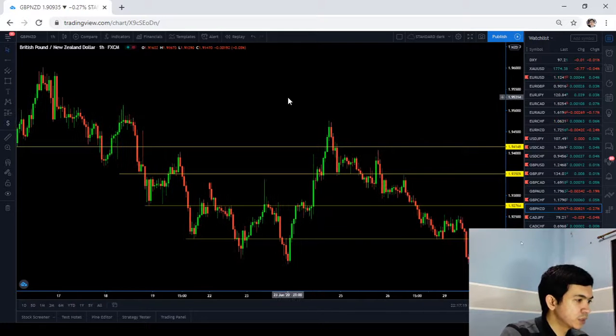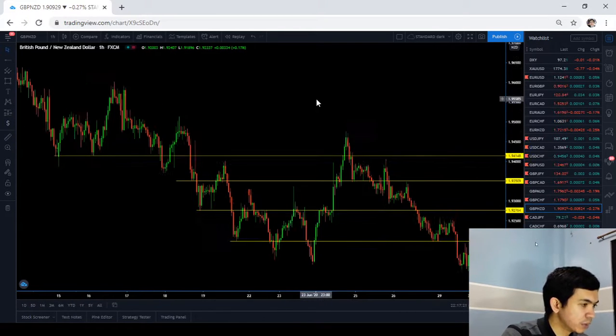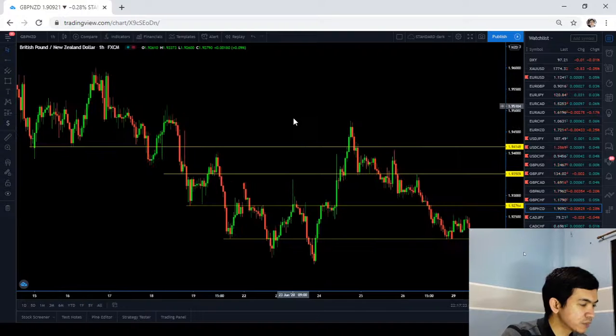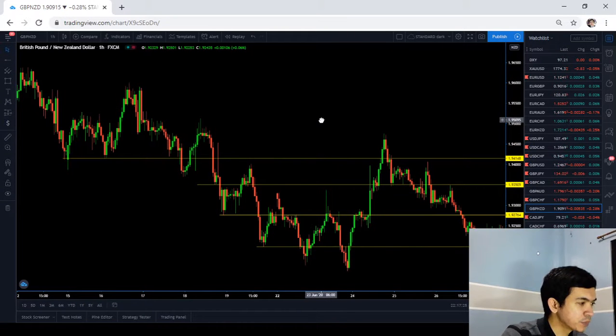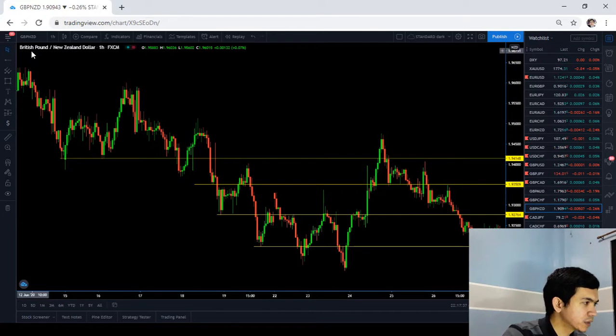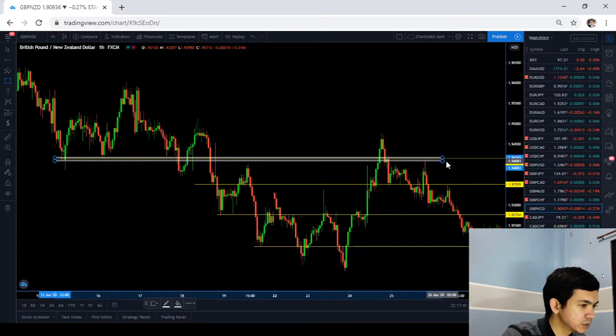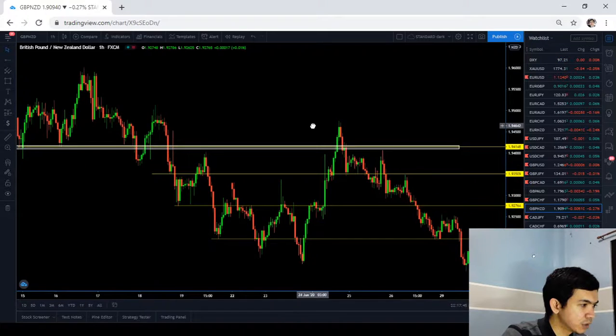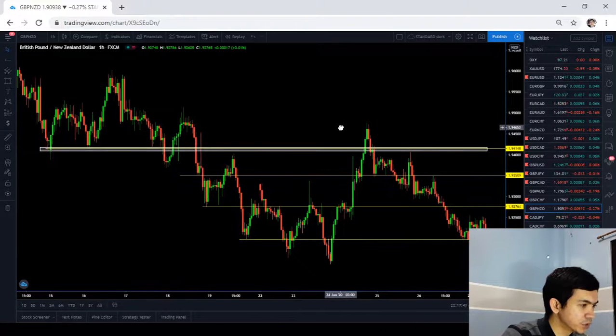Okay? So, remember, when we are marking key support or resistance levels, kailangan that specific zone, nag-react na yung price many times para alam natin na in future, magre-react sa kanya yung price either up or either going down. Okay? So, we will just mark our, diba? And I will teach you one concept for your confirmation.